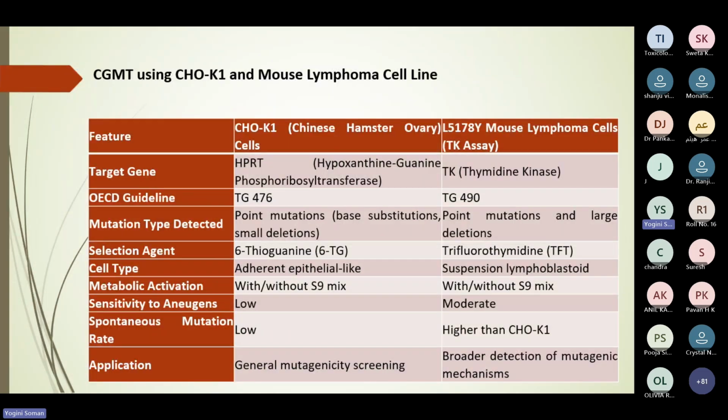A metabolic activation system, with and without metabolic activation, should be included for both CHOK1 and mouse lymphoma.